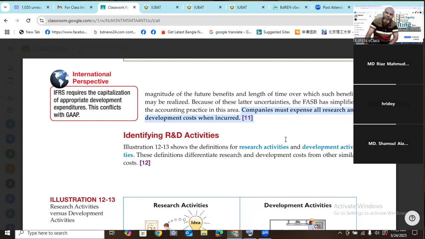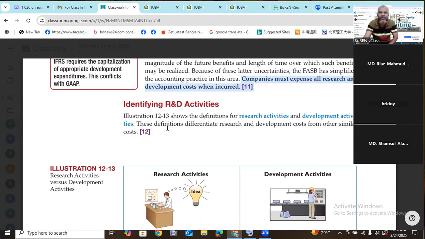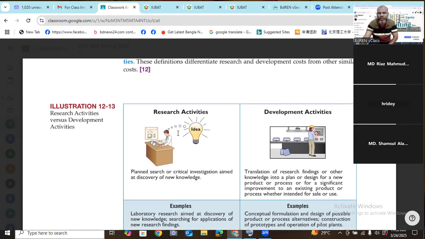We already discussed the conceptual framework of accounting in the first two or three classes. Then, identifying research and development activities. How to identify research activity? So there are two activities.